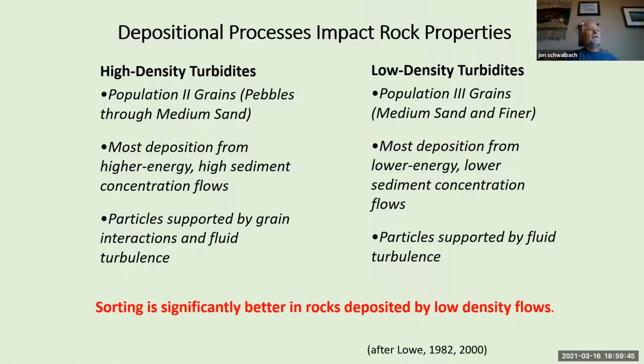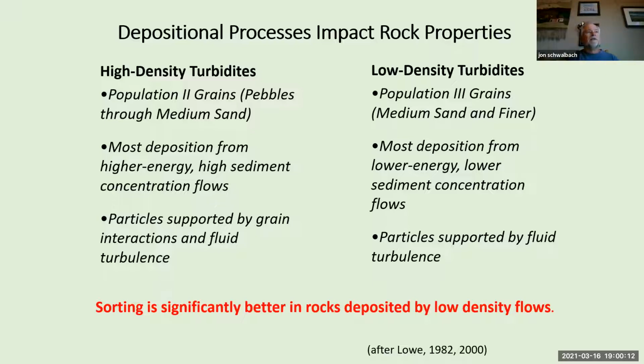So it turns out that the depositional processes really impact the rock properties of these units. The high density turbidites, which are generally the coarser grains, pebbles through medium sand, are deposited from these higher energy, high sediment concentration flows. And the big distinction here is that in these flows, the grains are supported not just by fluid turbulence, but also by grain to grain interaction.